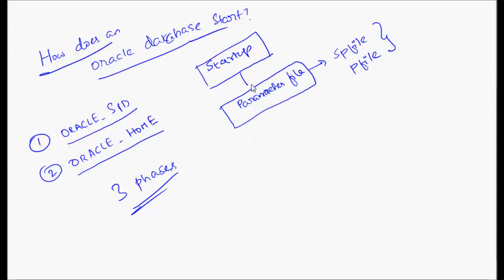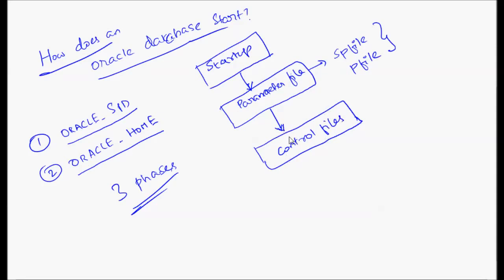When you start up, the first thing it looks for is the parameter file, and once the parameter file is read, it gets the information about the control files and other details, mainly control files.